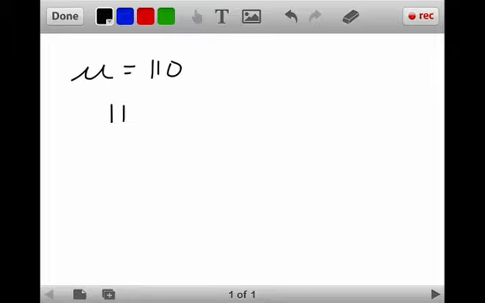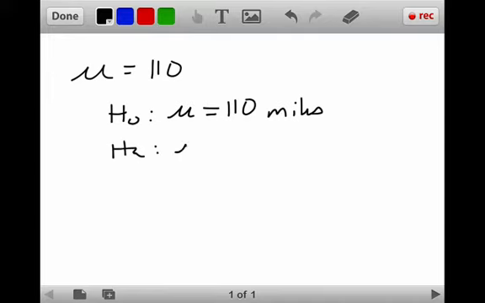When setting our null hypothesis, H0, we're always saying that the given value was right, so that the population mean is in fact 110 miles. Versus HA, we are testing the claim that this value should actually be less than 110 miles. So that's the first problem.